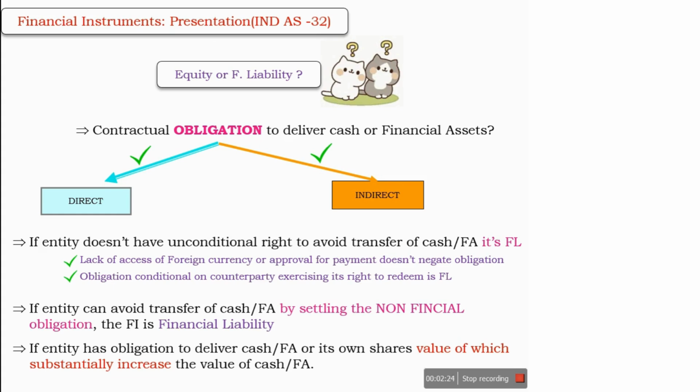So the entity is obliged to pay the cash to the venture capital fund instead of the corporate building. So the obligation is such that the entity will be obliged to deliver cash or financial assets, although it has another option to settle the obligation by non-financial means. So in that case, the instrument is a financial liability only.